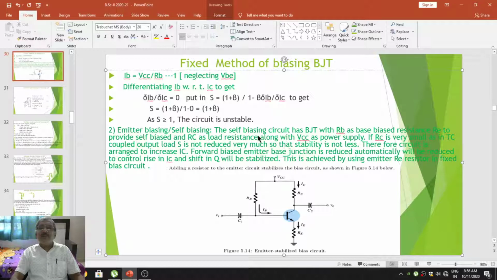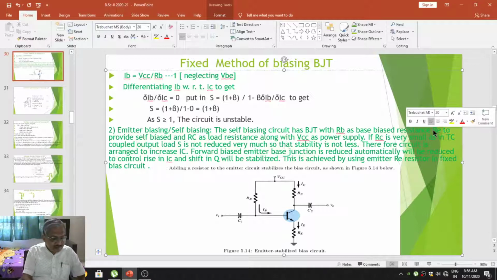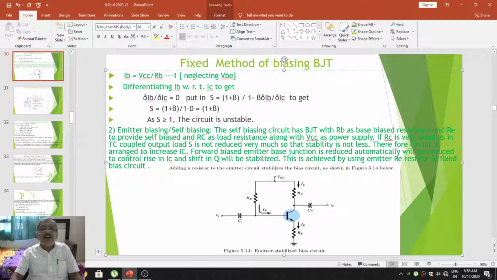The self-biasing circuit has the BJT with RB as a base bias resistance and RE as an emitter resistance to provide self bias and RC as a load resistance along with VCC as a power supply.